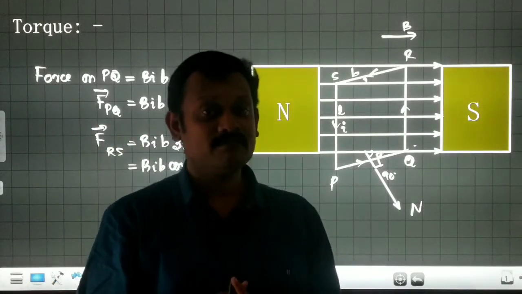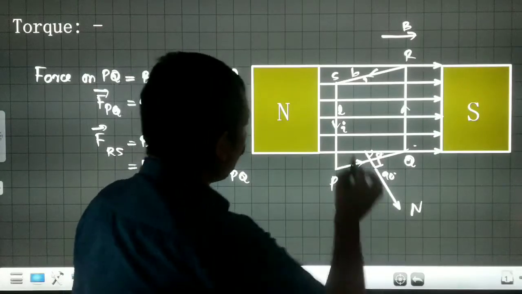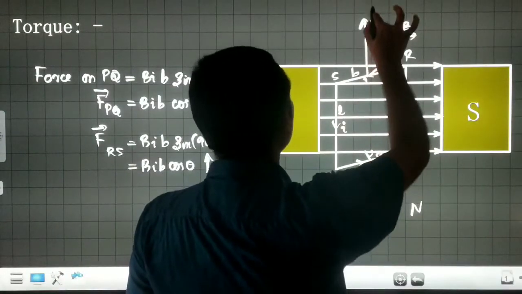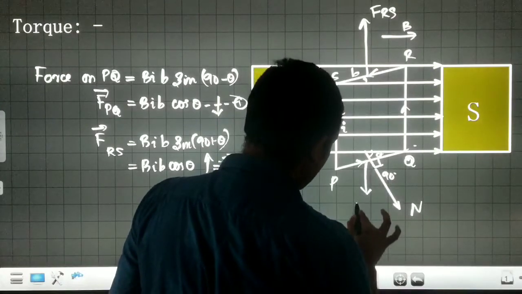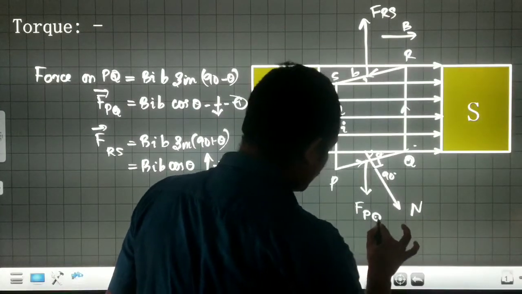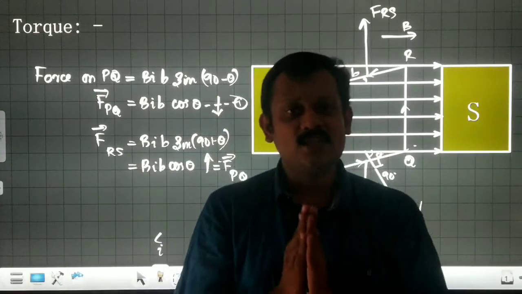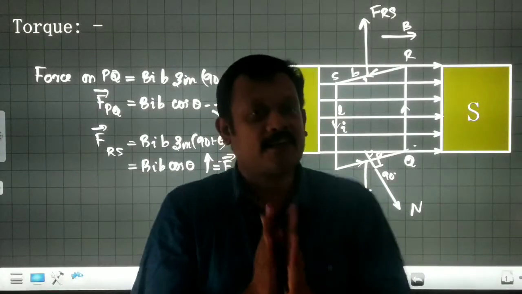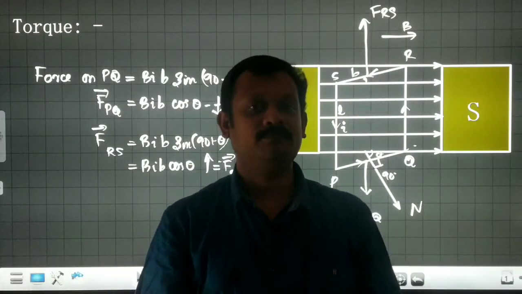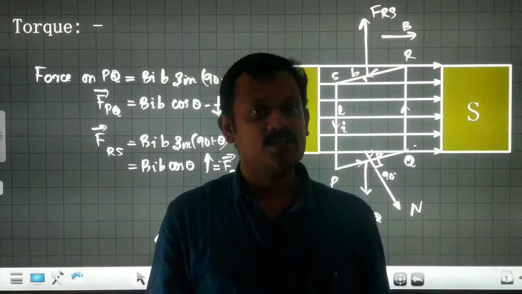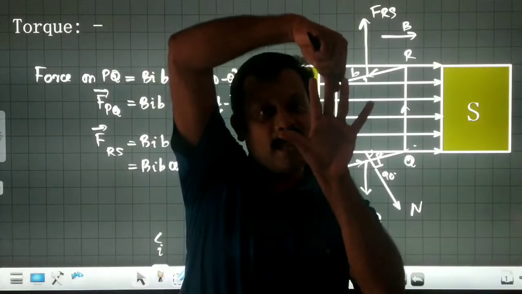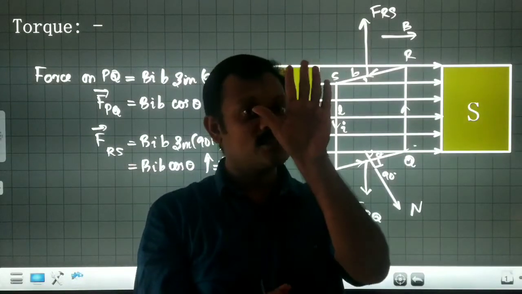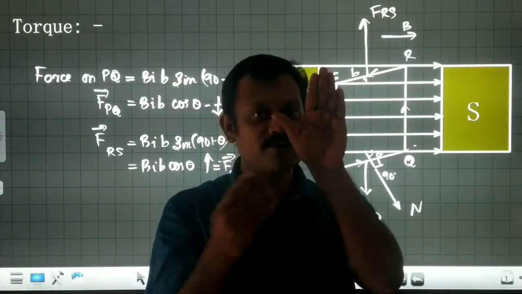The question: can these forces rotate this loop? This is the direction of FRS, and this is the direction of FPQ. I am pulling likewise and I am pulling likewise. Will it cause a rotational motion?